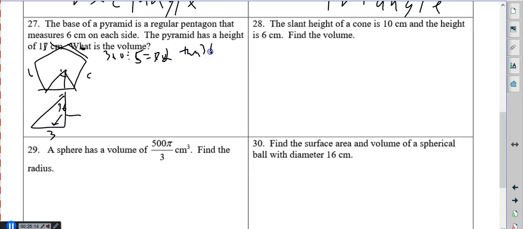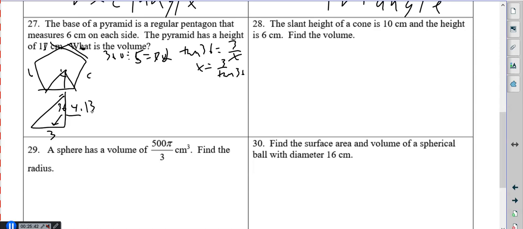So tangent of 36 is equal to opposite over adjacent. So we need to do the switcheroo. So 3 divided by the tangent of 36, which is 4.13. So the apothem is 4.13.